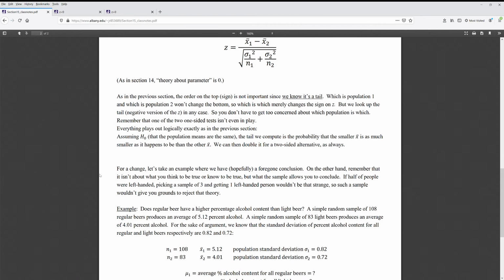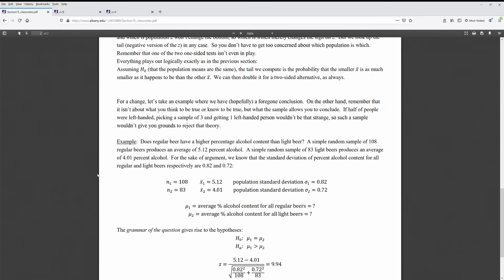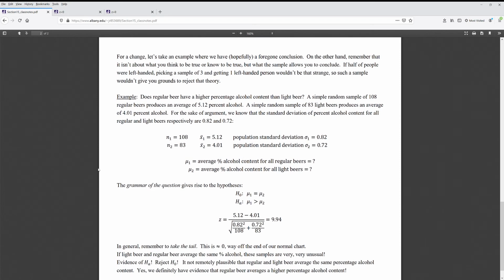So for a change, let's take an example where the result is more or less a foregone conclusion. All the heavy work was done in the previous sections. This is our fourth go at hypothesis testing, and this is our second go at these comparing hypothesis testing. So there's not a lot of theory that we haven't already done yet. Let's do an example for a change where we sort of know the answer.